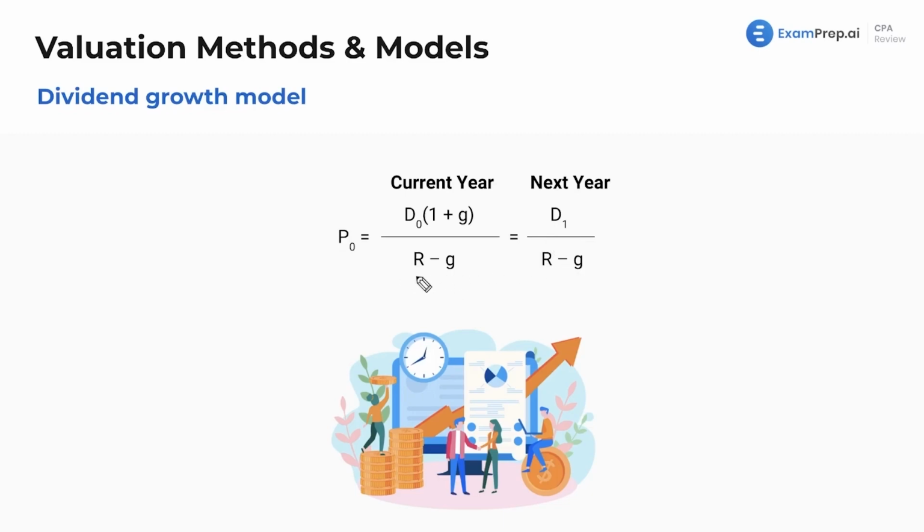And this is the growth rate. You can say it either way: D0, the current dividend, times 1 plus the growth rate. We'll see an example quite shortly. D1 is just the dividend next year. Same with P1, which would be the price next year. Anything 1 would be next year.